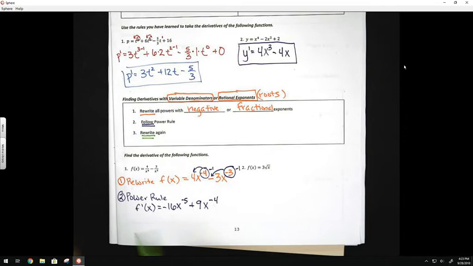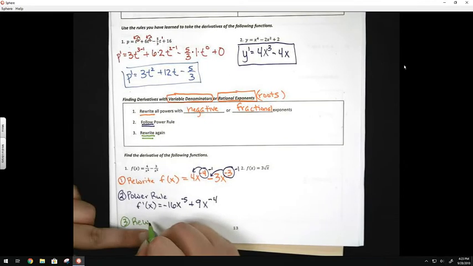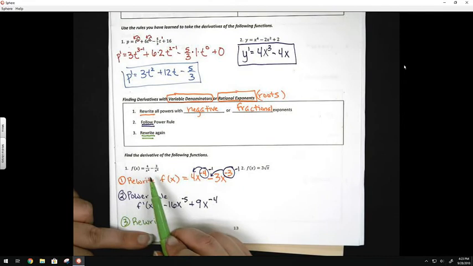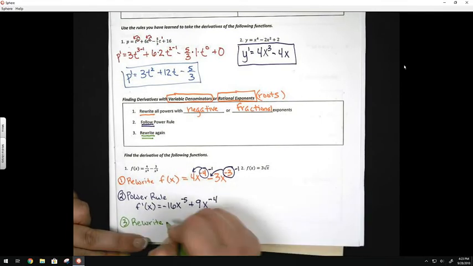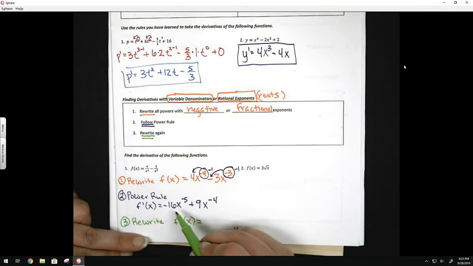Our last step is that we have to rewrite it so that it looks like our original function. So our original function did not have negative exponents. It had variables on the bottom, in the denominator. So what that means is we're going to have to write this as f prime of x equals, we have negative 16x to the negative 5th. Well, negative exponents, we know that means drop it like it's hot.